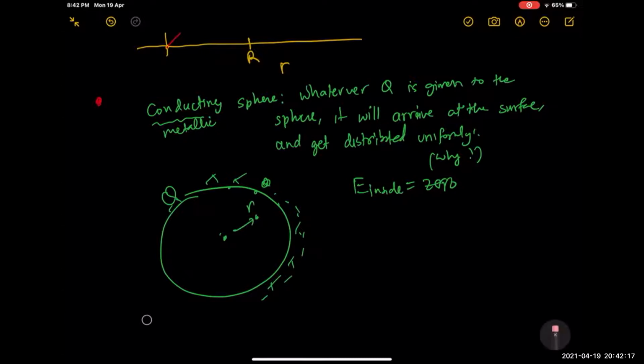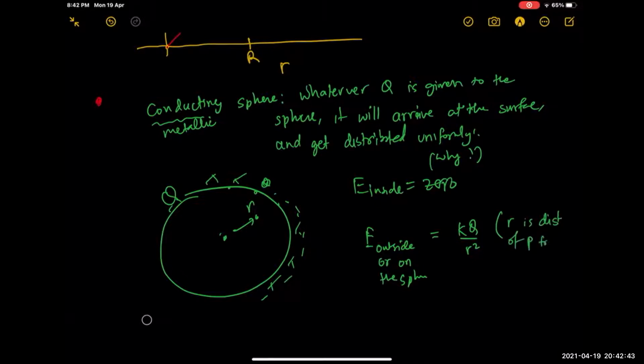So E inside everywhere is 0, and E for outside or on the sphere is K capital Q by R square, where R is the distance of P from the center of the sphere. Write it down.